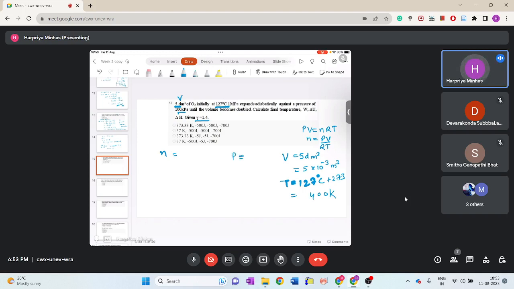And the pressure is 100 kilopascal. Now converting into pascal, how much will it be? 100 into how much? 10 to the power 3.